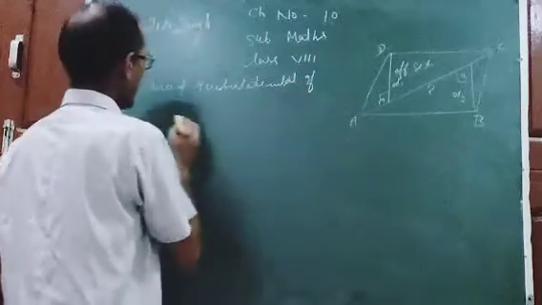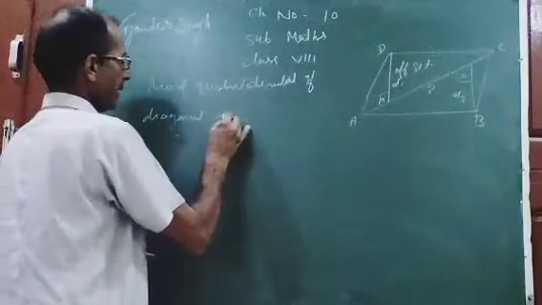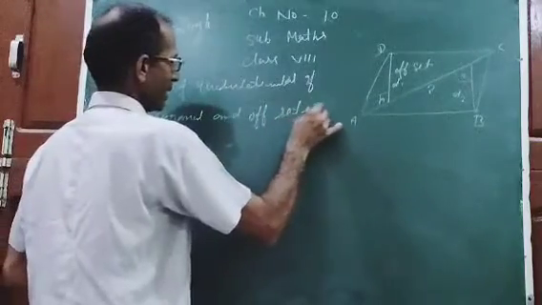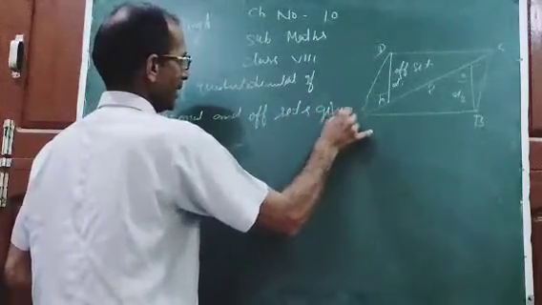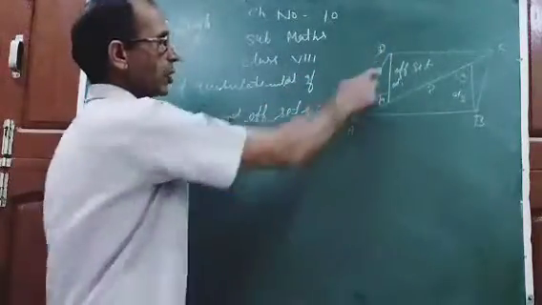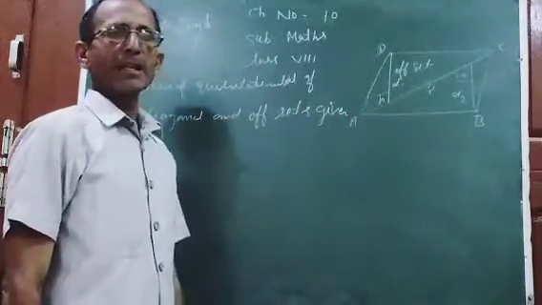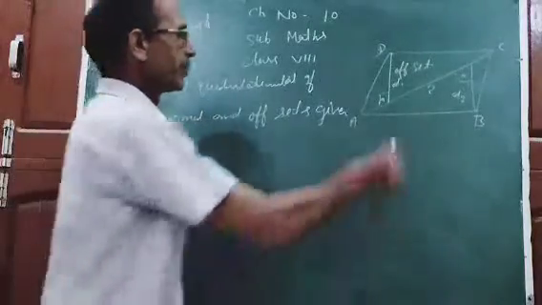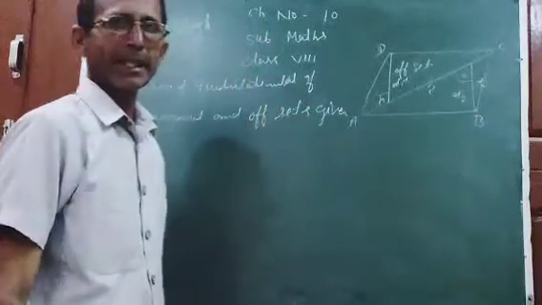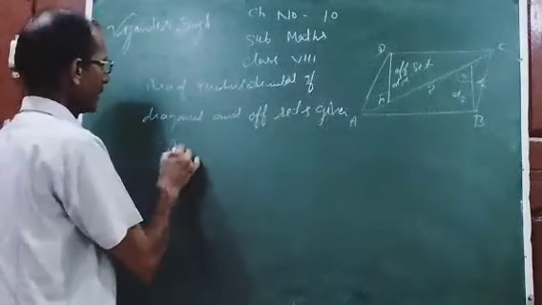Offsets mean the perpendiculars drawn from the opposite vertices. From this vertex this perpendicular is drawn, so these are called offsets. You can say d1 or d2, first diagonal, second diagonal.